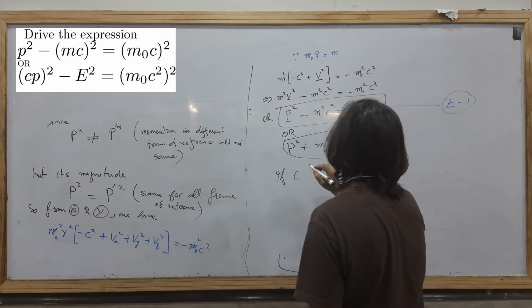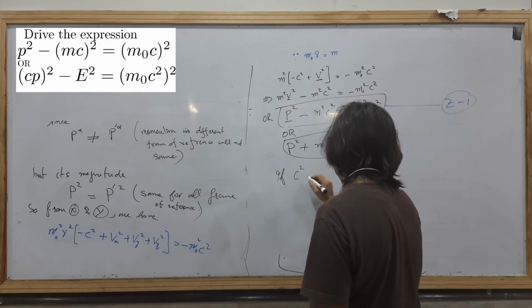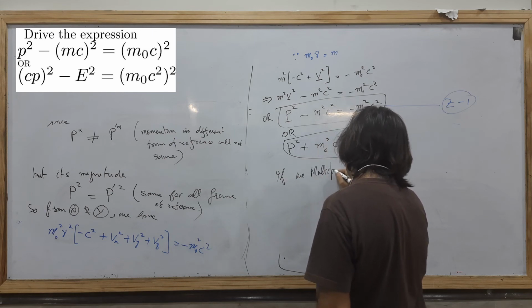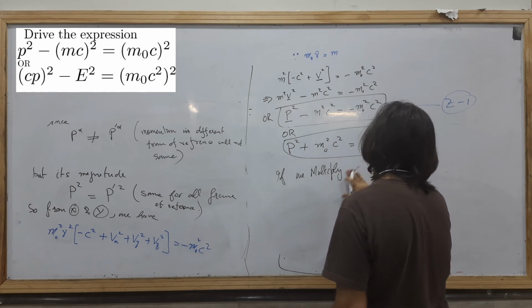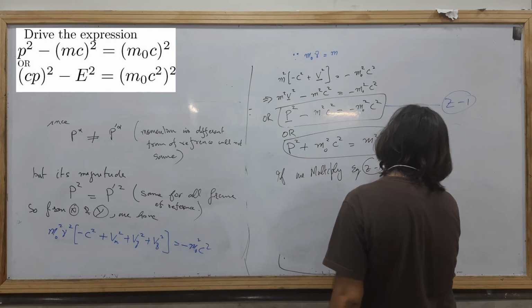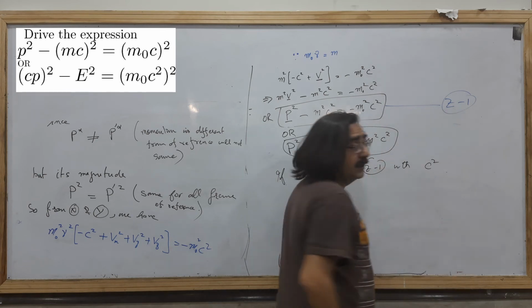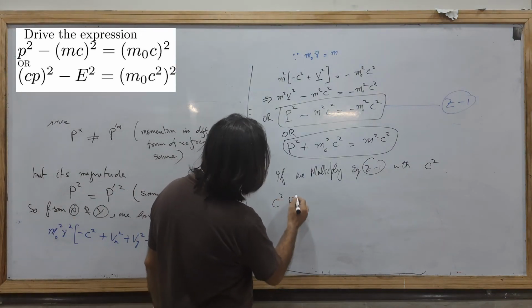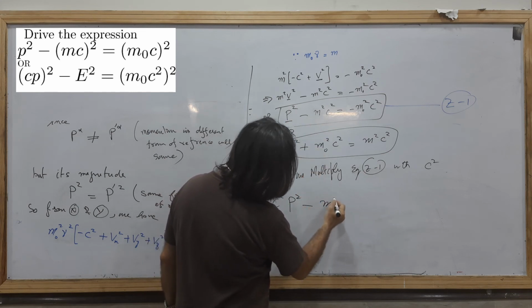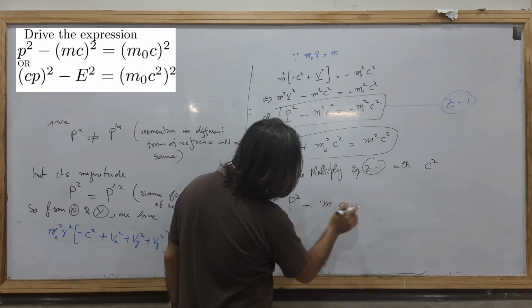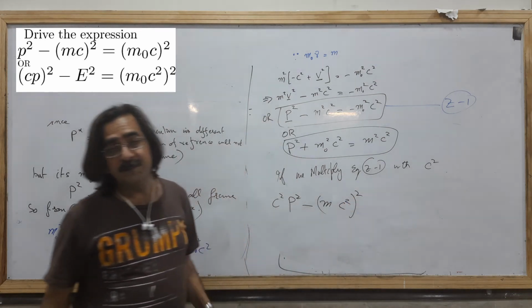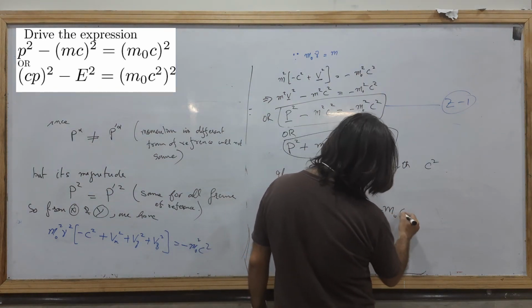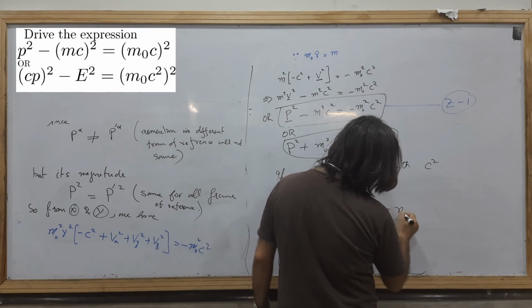अच्छा, if we multiply the z1 equation with c square, okay, then this will become c square p square, ठीक है, minus m naught square c square, okay, and that will be equal to minus m naught.